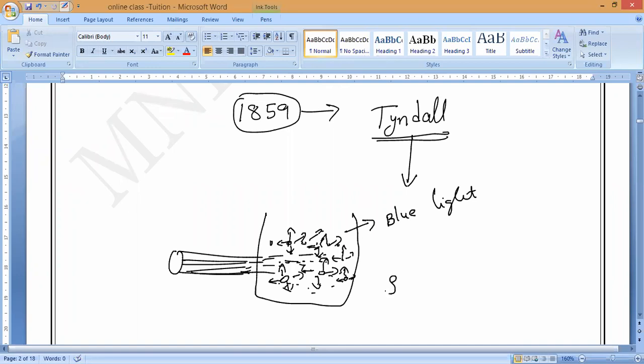That is why the sky appears blue in color. Because of the shorter wavelength of blue light, it scatters much more than the red light, which has a longer wavelength.